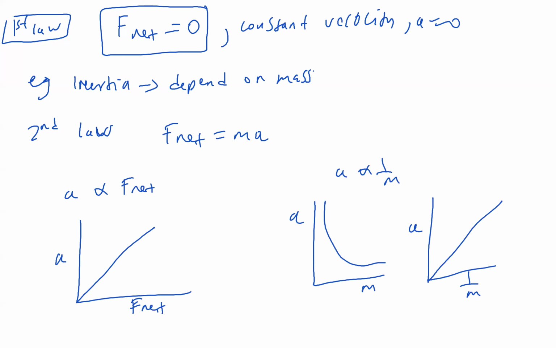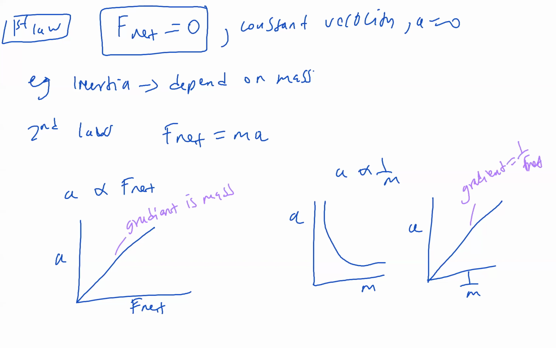Here, the gradient of this graph is mass. Gradient here is 1 over Fnet.